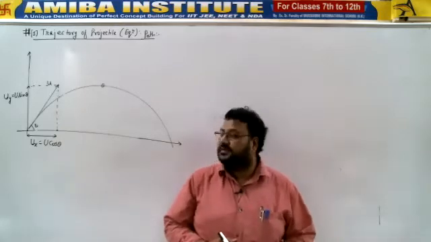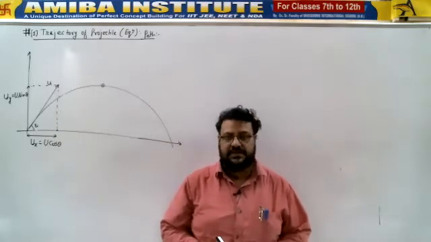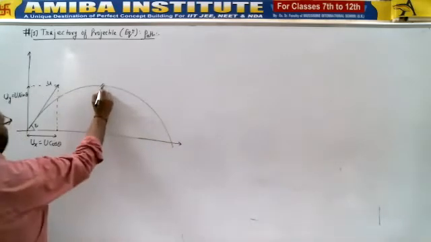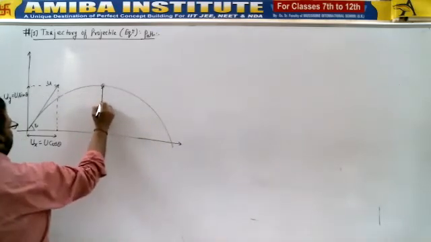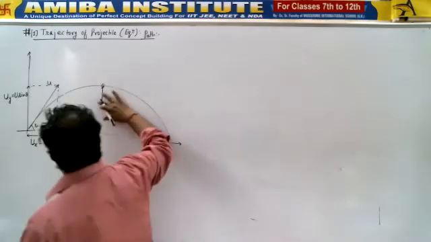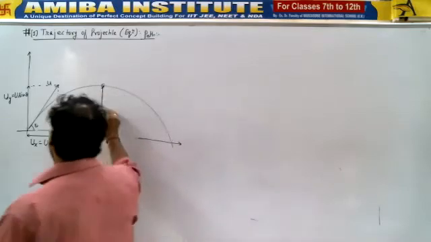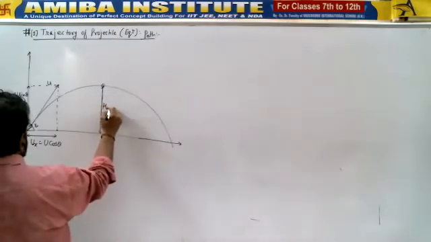That point is called the maximum height point. That means the displacement from the ground in the vertical direction will be the maximum, and this is known as H maximum, H max.